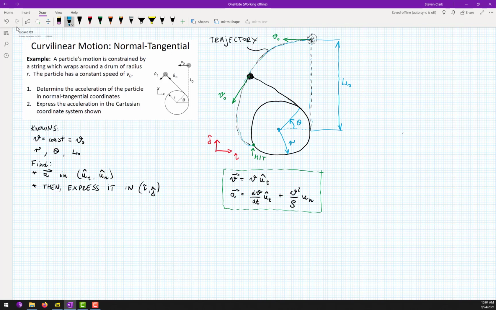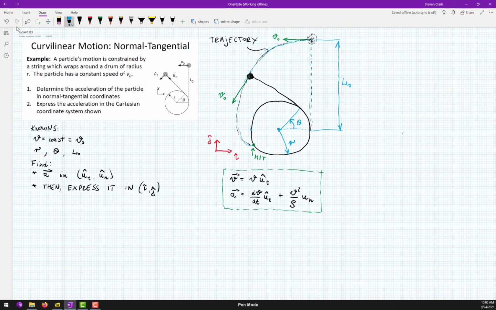So we can see that our rope wraps around the drum, around that circle, until the particle hits the drum exactly here.